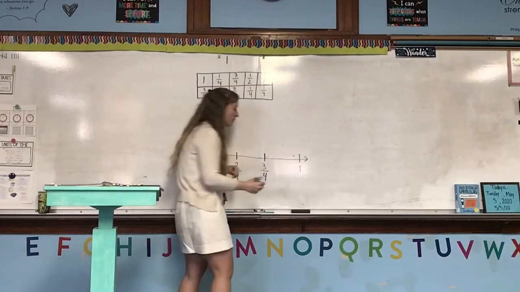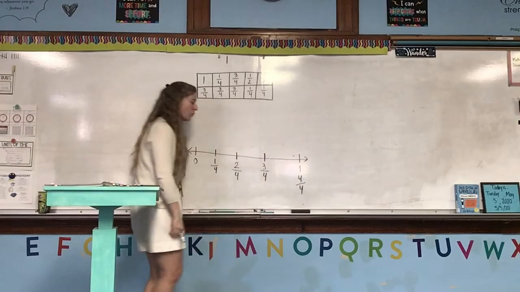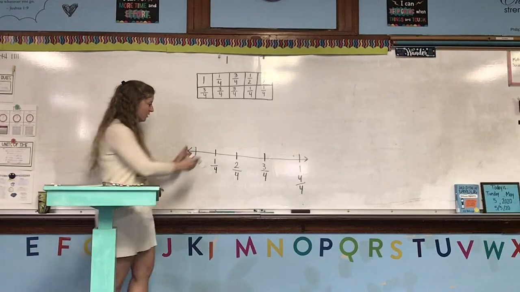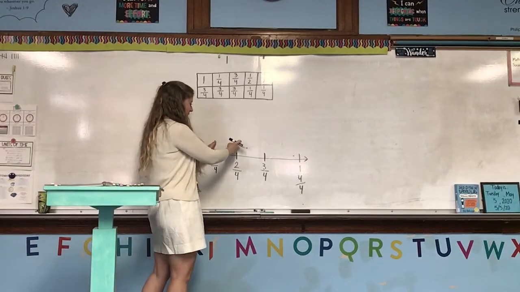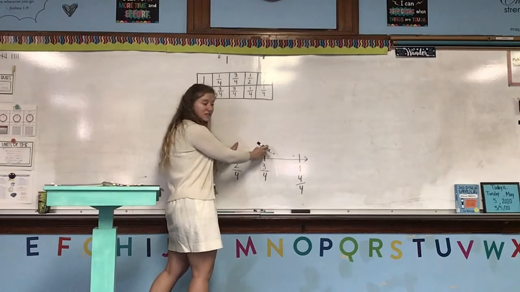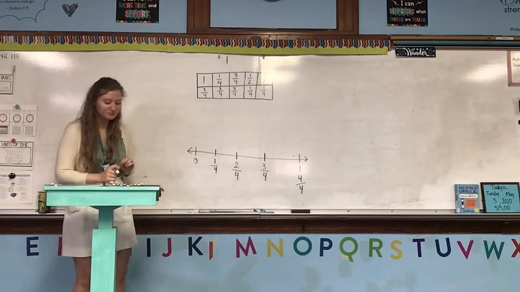And then I have my 4th piece, which is equal to 1 or 4/4. So I have 0, 1/4, that's one piece. 1/4 to 2/4 is another piece. 2/4 to 3/4 is the third piece, and then 3/4 to 4/4 is the 4th piece.